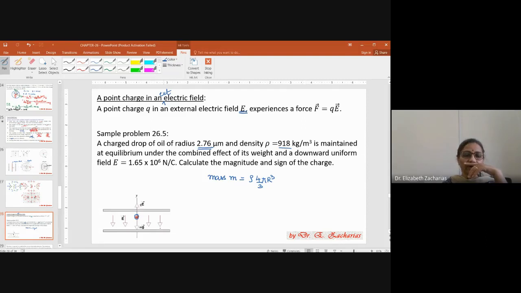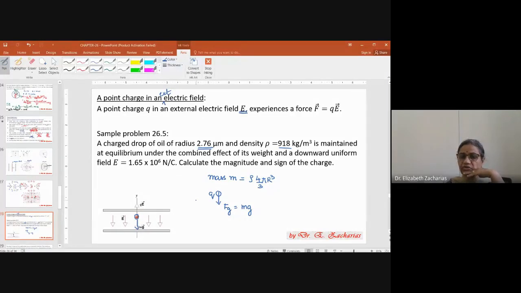Next, because of weight, because of gravity, this oil drop will try to come down. It will experience a gravitational force equal to mg. But I don't want it to fall. I also know that it is ionized and going to carry a charge q.